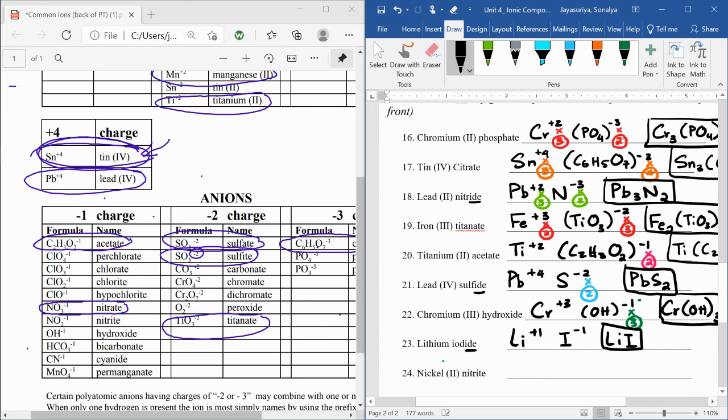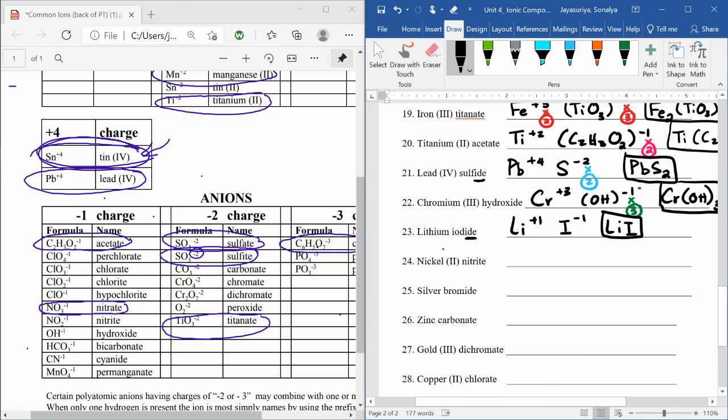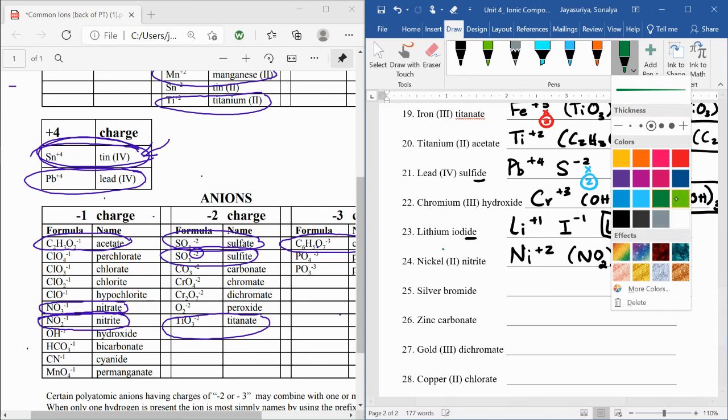Okay, next one is nickel 2 nitrite. Nickel 2 means a plus 2 charge. And then nitrite is right here. Be very careful you don't mix it up with nitrate, which is ATE with the NO3. This one is NO2 with the minus 1 charge. Okay, then let's use purple.